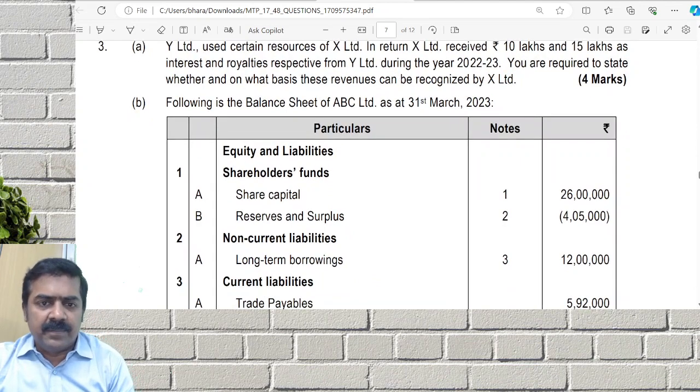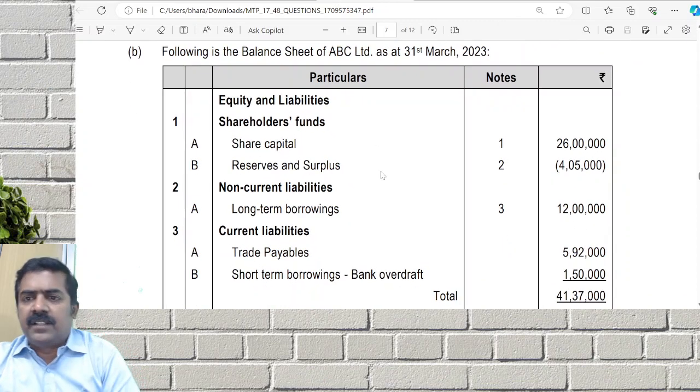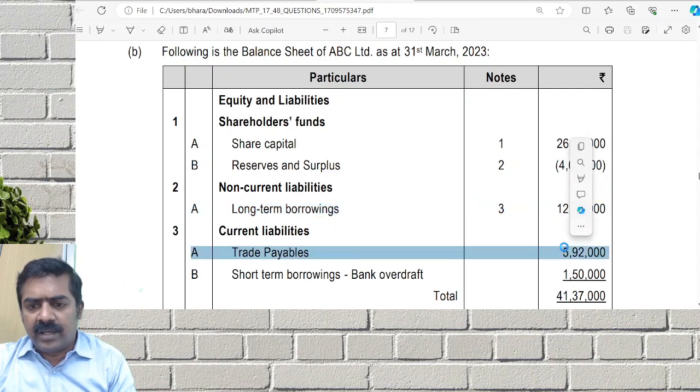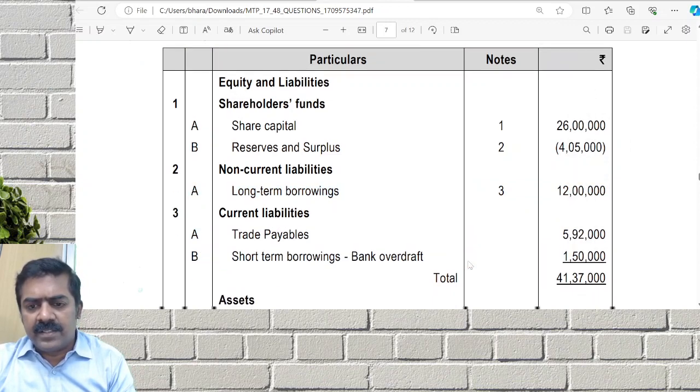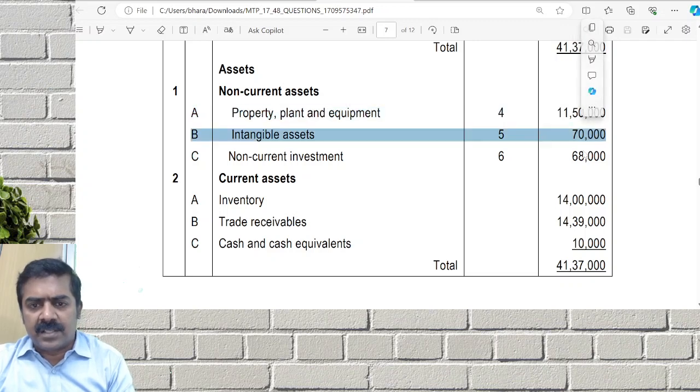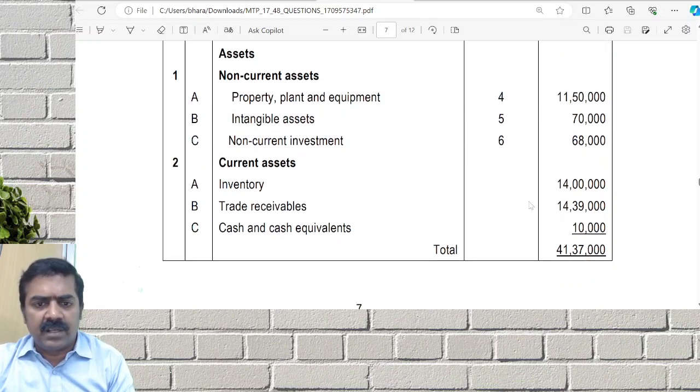Question number 3B. Balance sheet as on 31st March 2023 is given to us. Share capital, reserves and surplus shows a negative balance. Long-term borrowing is there, trade payable, bank OD is there. PPE is given. Intangible assets are given. Non-current investments are given.